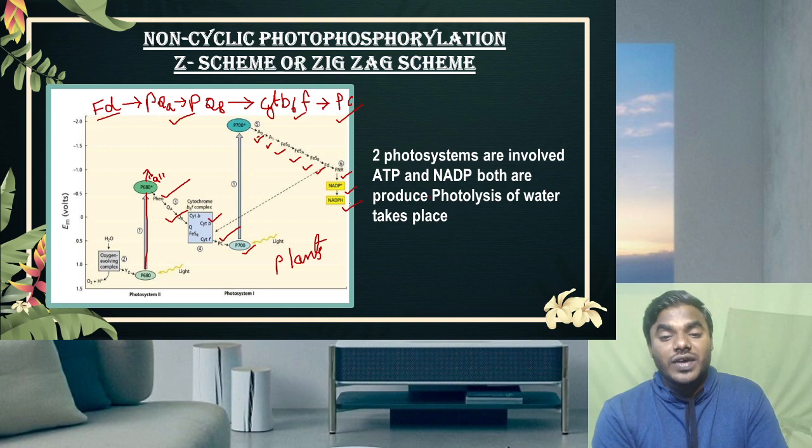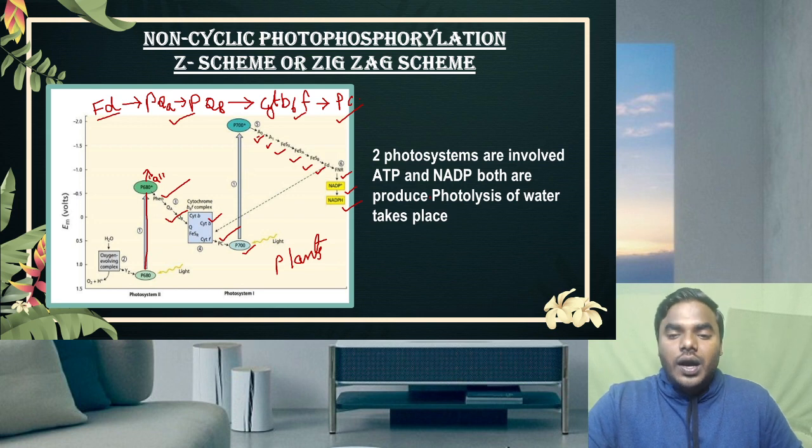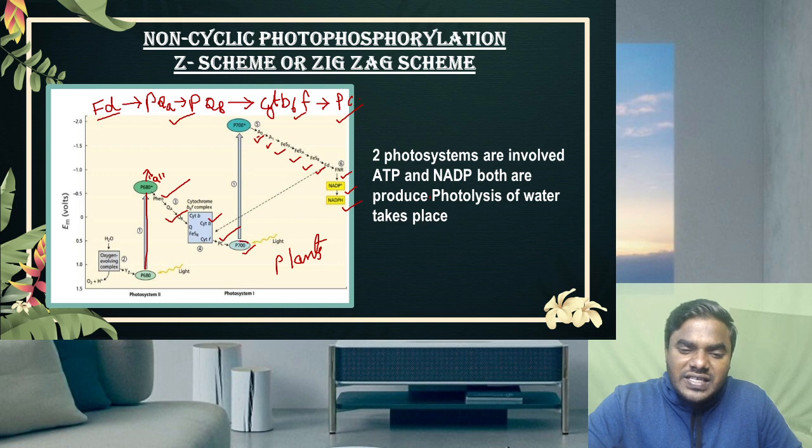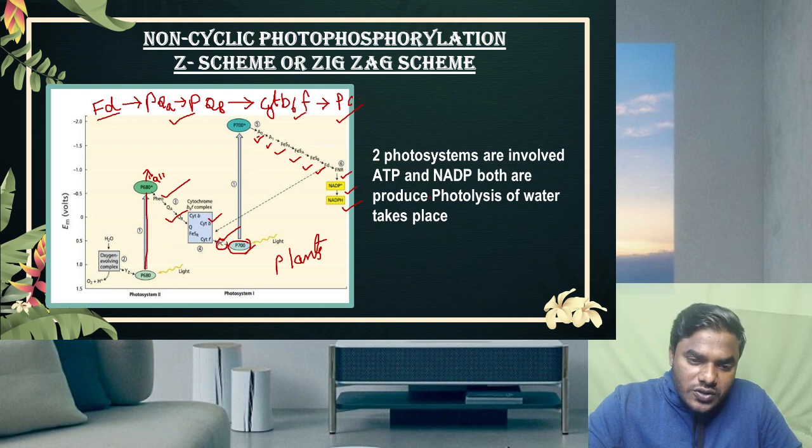Now let me ask you a very simple question. Which is the electron donor for the P700? Who is going to donate the electron for the P700? Plastocyanin.